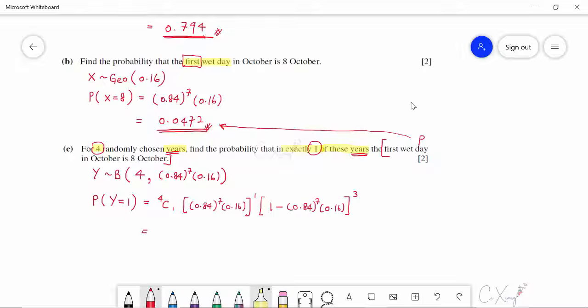You can see that I keep the original form of P. If you want to write it as 0.0472, of course you can, but when you press the calculator, try to press the original long value. If you didn't make any careless mistake, you should get 0.163350495, and correct to three significant figures, it should be 0.163.